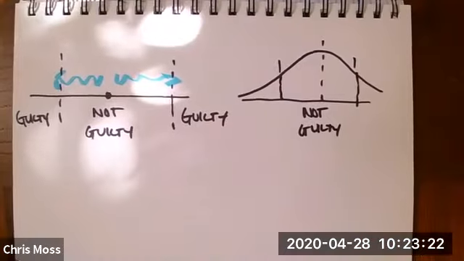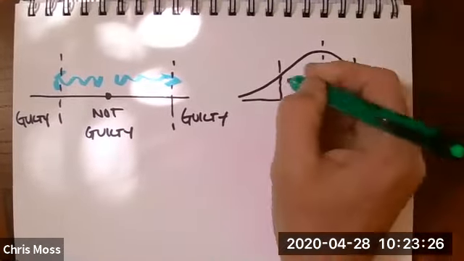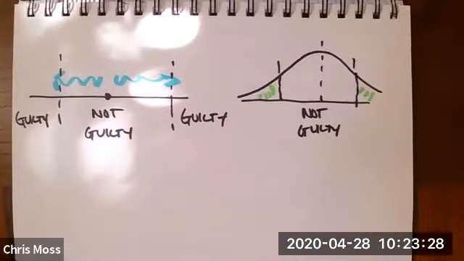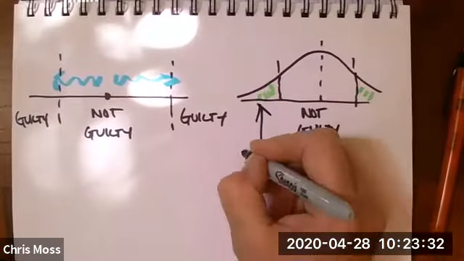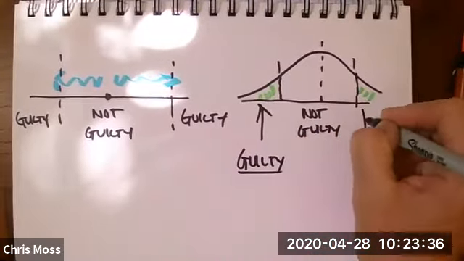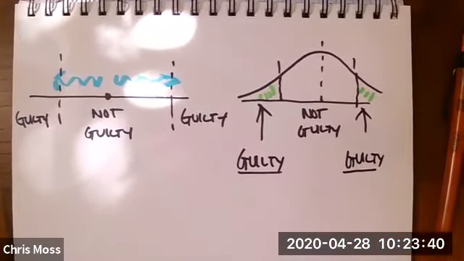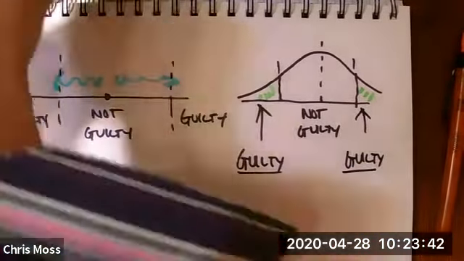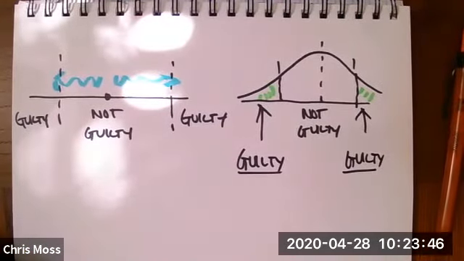And if my sample statistic falls far enough from the notion of not guilty, if you will, this is where we return the notion of guilty, or what passes for guilty when we conduct a test of hypothesis. Now let me jump back to the other camera, and I'll go over some of the detail.